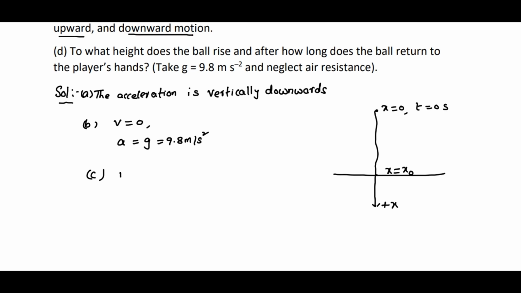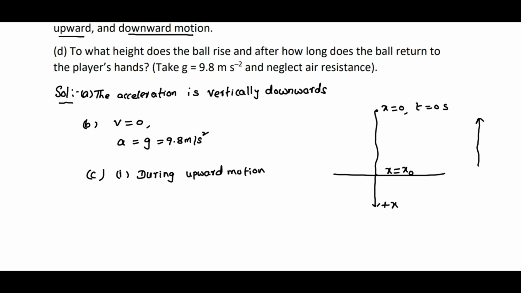So in the first case, during upward motion, assume that from here the ball is vertically thrown upwards.